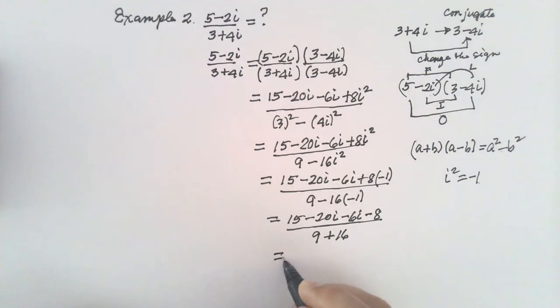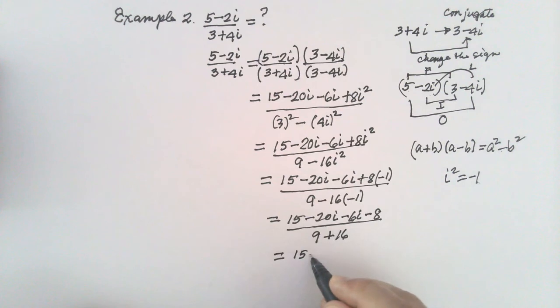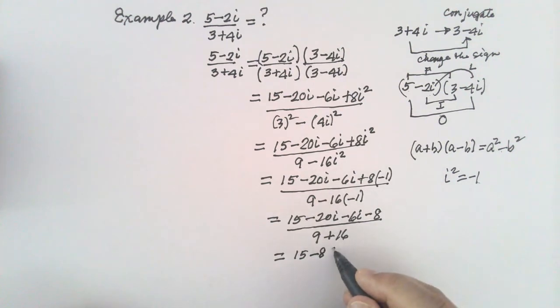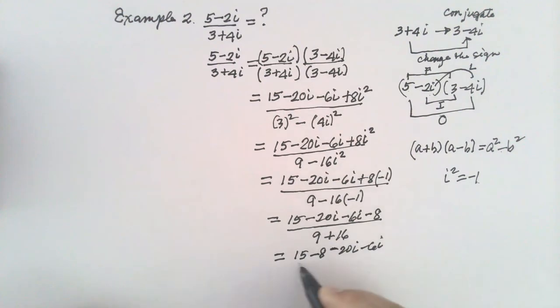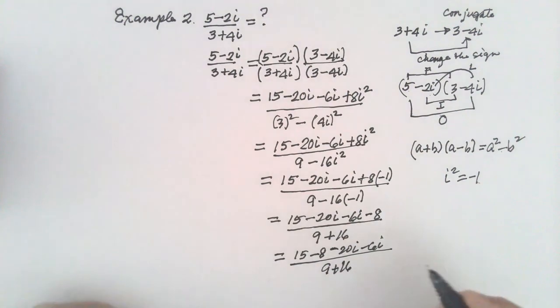Let us now combine the terms 15 and negative 8. Let's show it here. 15 minus 8 minus 20i minus 6i over 9 plus 16.